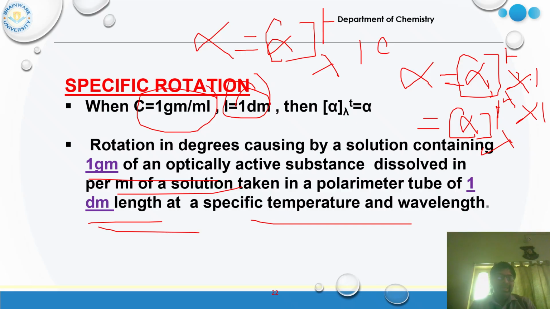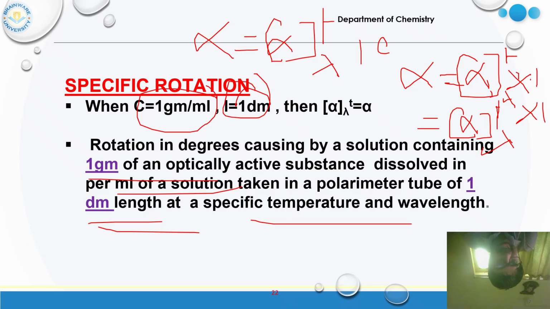So specific rotation is the angle of rotation of an optically active molecule having concentration 1 gram per ml, taken in a polarimeter tube of 1 decimeter length at a specific temperature and wavelength.